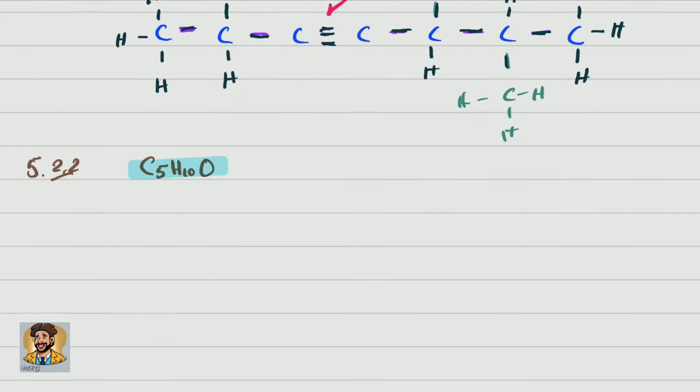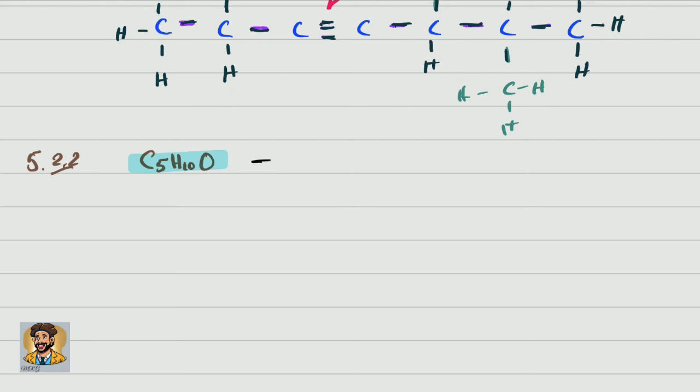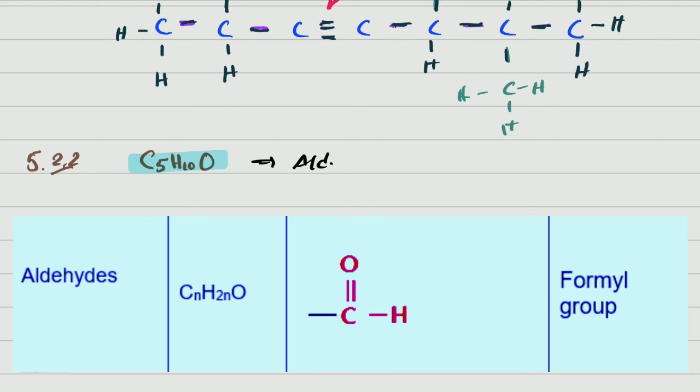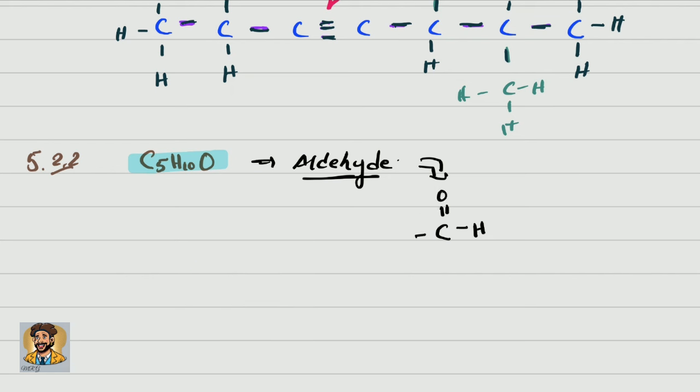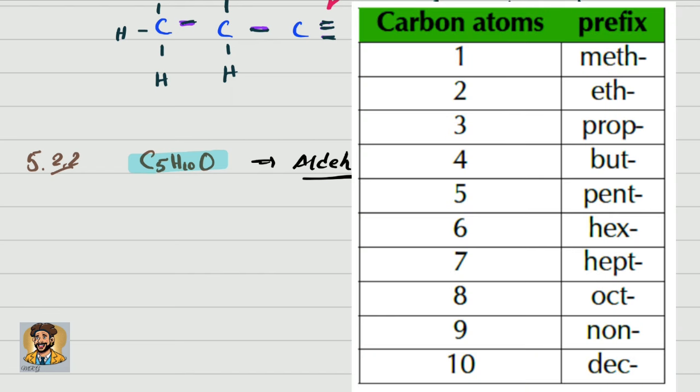And this is the compound. Remember it is an aldehyde. Now, the functional group of the aldehyde, remember, is in the last carbon that has a double bond to oxygen and 1 bond to hydrogen. And this one is always the first carbon. You need to remember that one. So we have an aldehyde, we have the functional group in the first carbon and have 5 carbons.